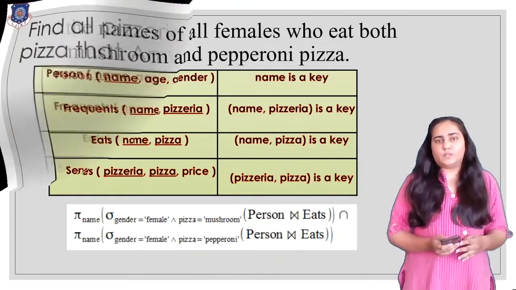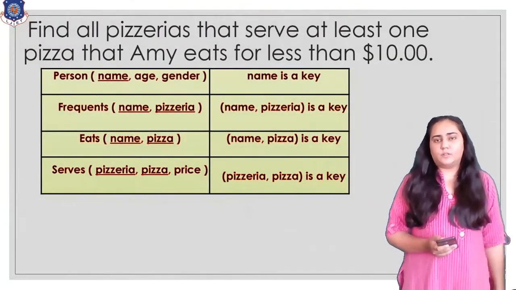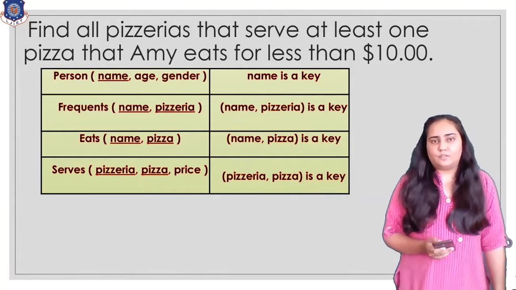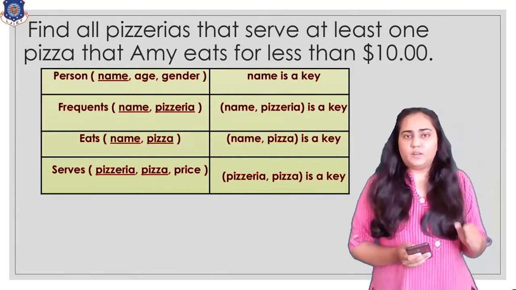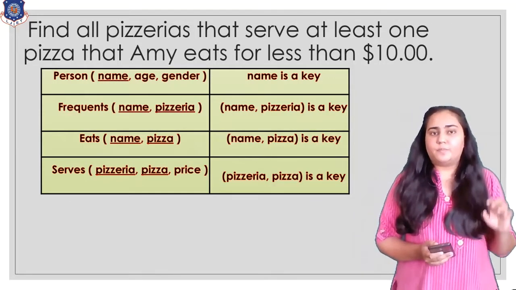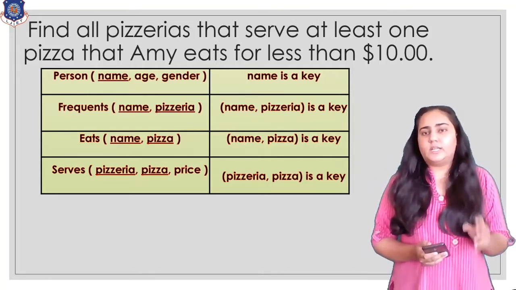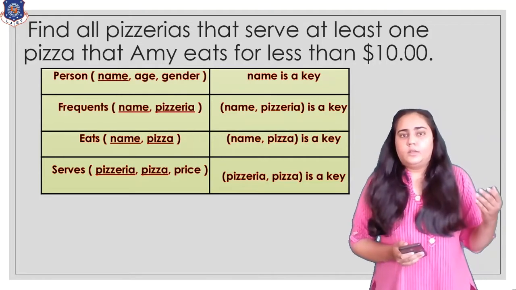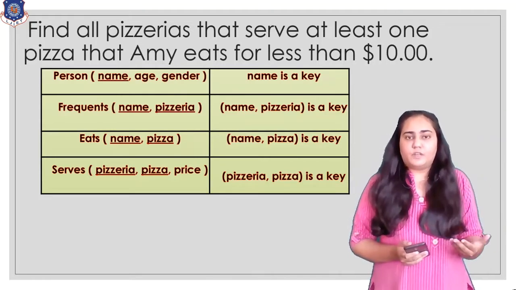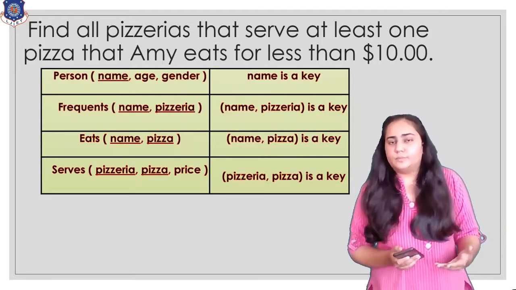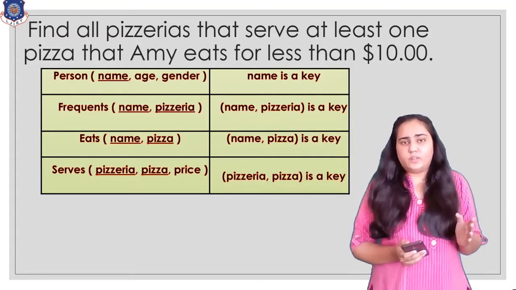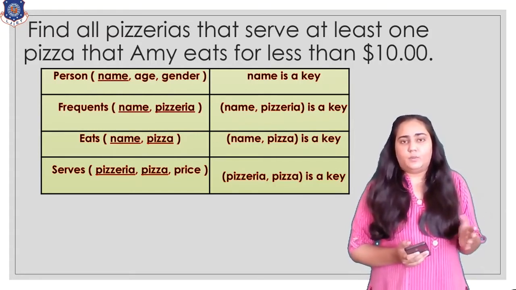Now let's move on to the next query. This is slightly difficult, but you'll get the hang of it. Here it says, find all pizzerias that serve at least one pizza that Amy eats for less than $10. So again, we have to figure out which tables to use. Notice that it only requires the name of a person, which is Amy.